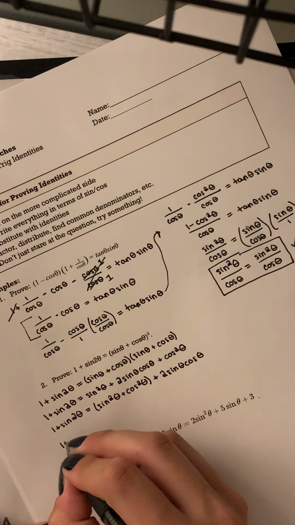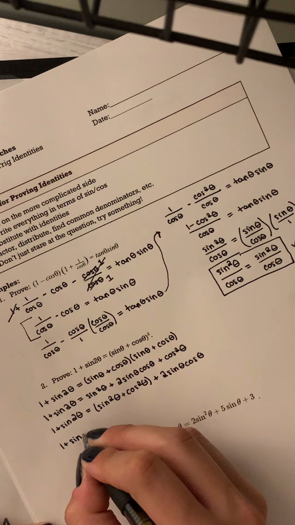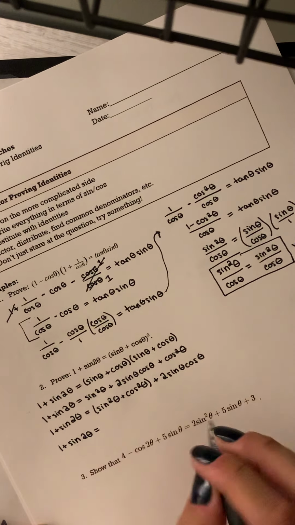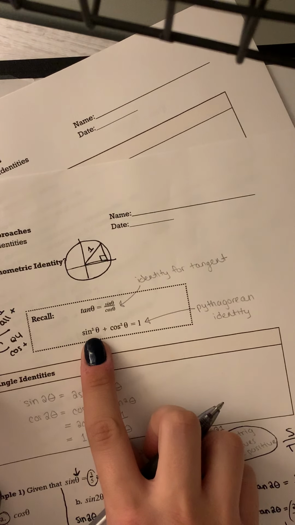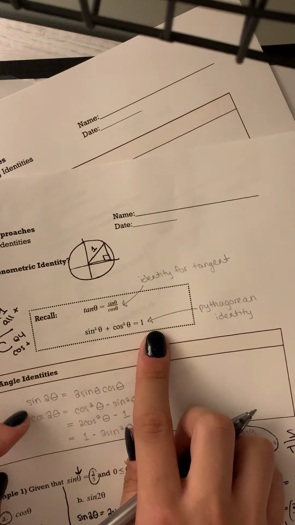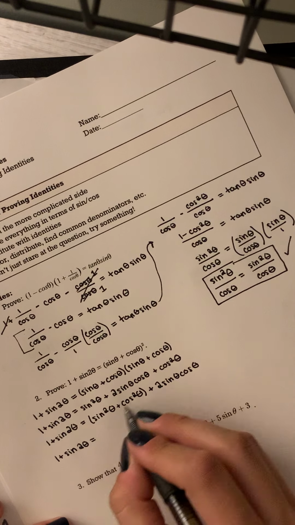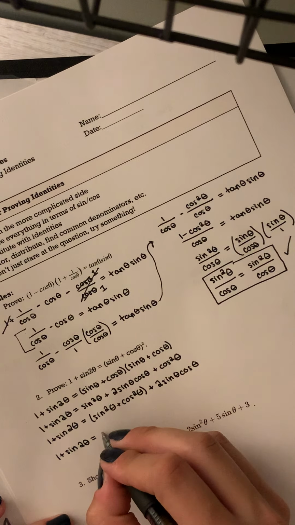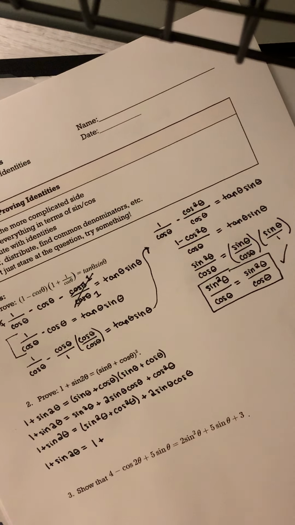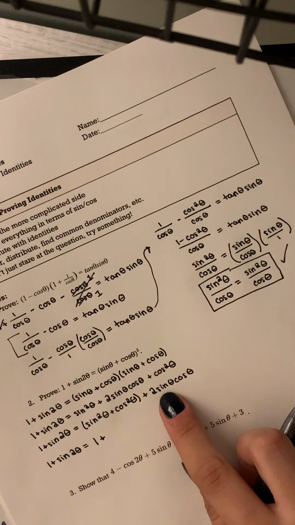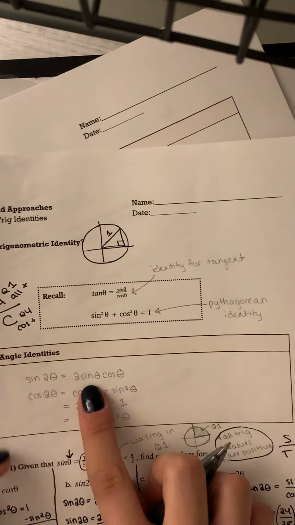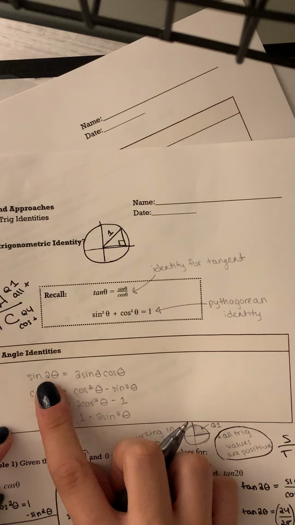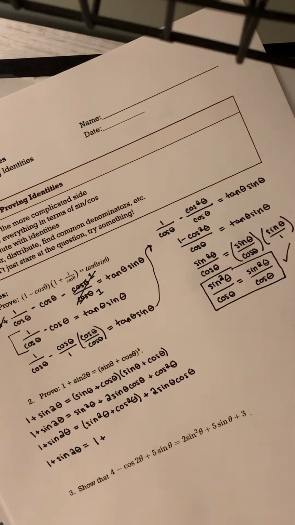Looking down here, I'm going to keep copying down my left side because there's nothing we can really do over there. We just figured out that our sine squared theta plus cosine squared theta is going to equal 1. So this whole big term that we have in parentheses here is going to equal 1. And then that 2 times sine theta cosine theta from our double angle identities is going to give us sine of 2 theta.